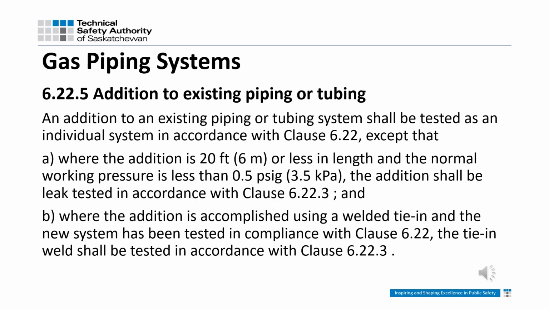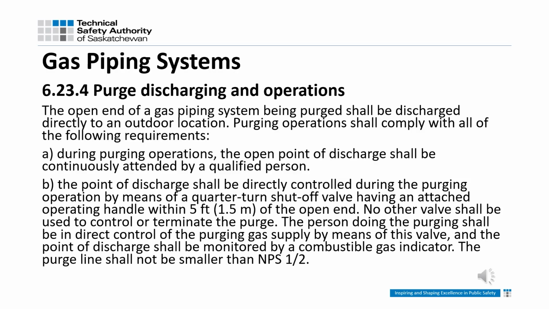Well, now that we have tested, we move on to 6.23.4, Purge, Discharging, and Operation. The changes here are better wording and the requirement of a combustible gas indicator. This clause gives the requirements for purging directly to the outdoors. The requirements of a qualified person to be at the open end of the purge with a combustible gas indicator.